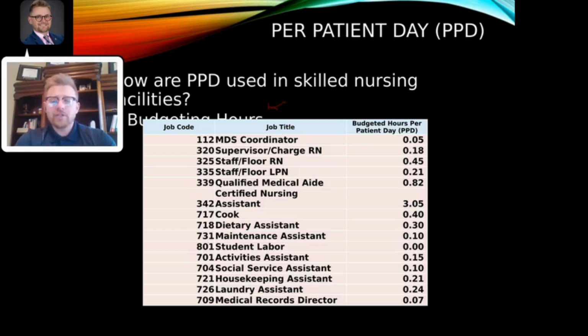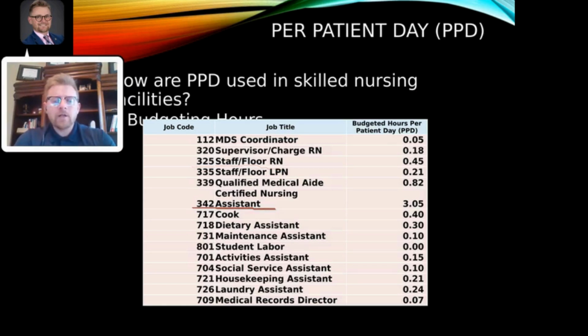So per patient day, when you're given your budget, most likely you will get a budget in terms of PPD. They're probably not going to say, "Hey, for RNs, your budget is 4," or for CNAs, "You need to run 12 CNAs."